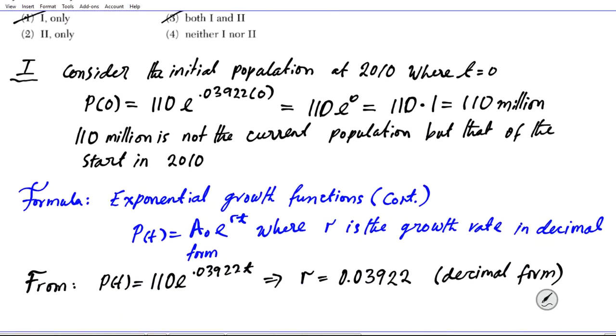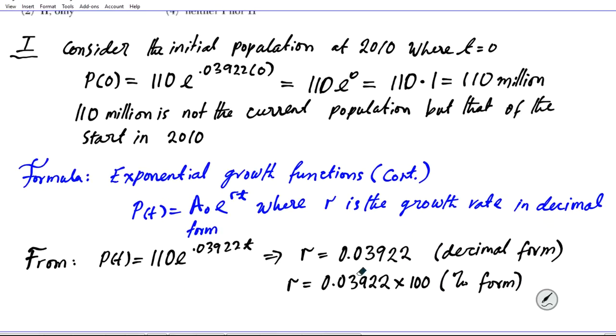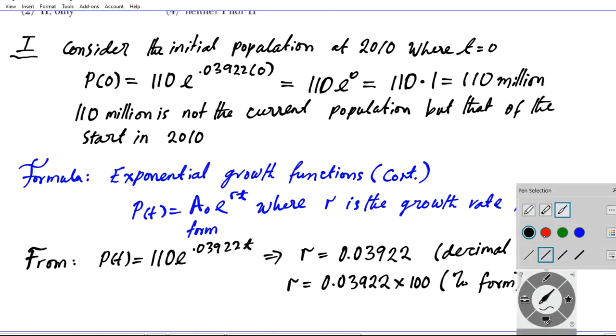So in percentage, we just have to multiply by 100. Okay? So r is equal to 0.03922 times 100 in percent form. What happens when you multiply by 100? That simply shifts the decimal point 2 places to the right.